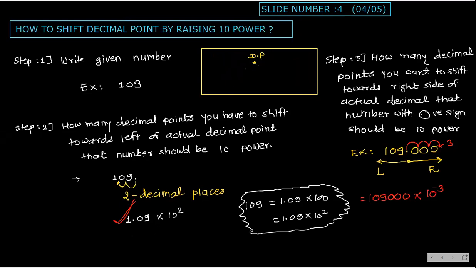DP means decimal point. And this is the right side. And this red one you can see, this is the left side. So I am writing here R, right side.